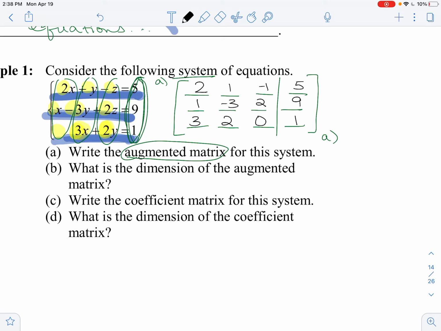So what are the dimensions of this augmented matrix? Well, I know there are 1, 2, 3 rows and 1, 2, 3, 4 columns. So we say that's 3 by 4 because it's rows by columns. Now it says write the coefficient matrix for the system.